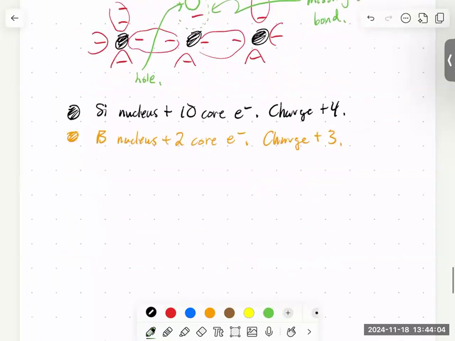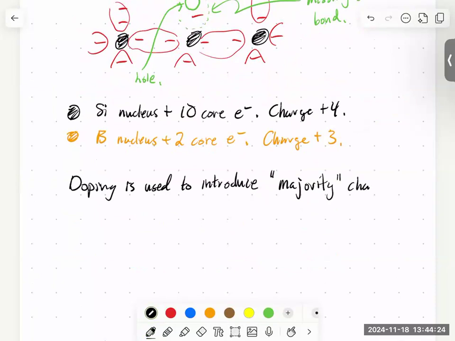So what we'll do is introduce a little bit more terminology and then we'll wrap up for today. Doping is used to introduce what are called majority charge carriers. If there are majority charge carriers, that must mean there's another type.